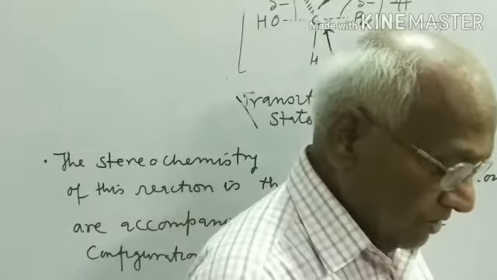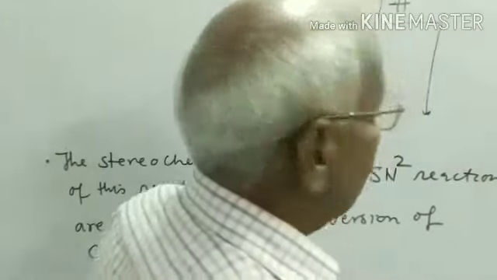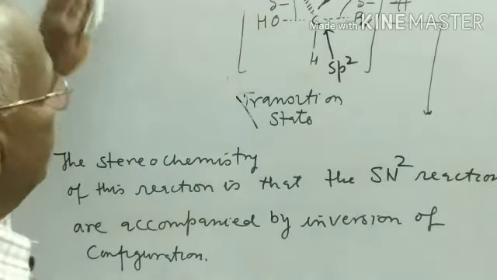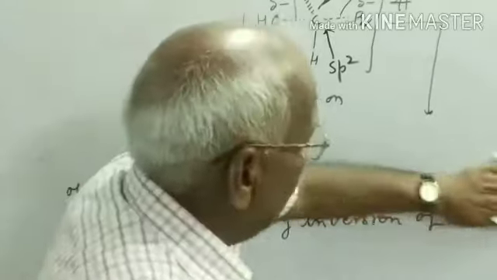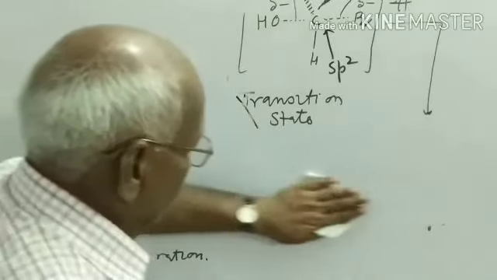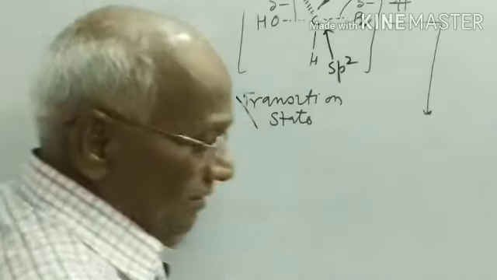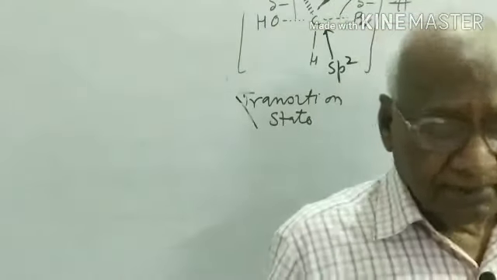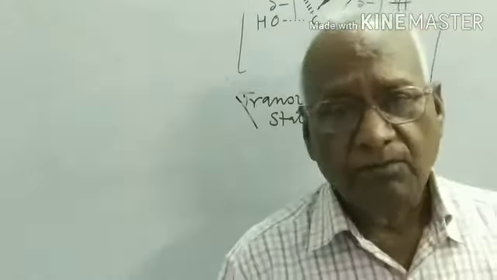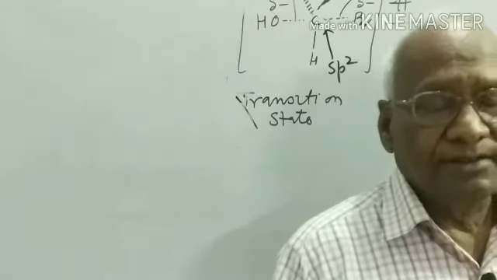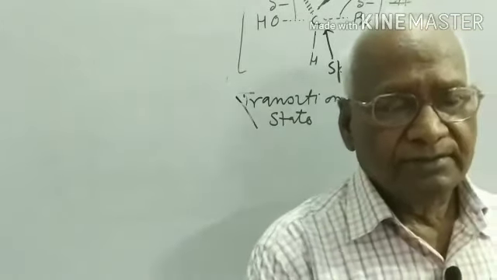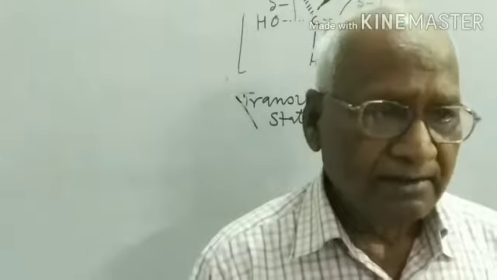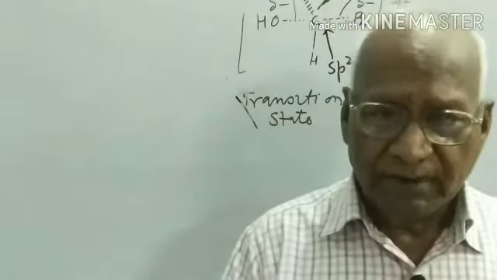Now, see the rate of reaction. How do you decide the rate of the reaction? You already know that when the mechanism of a reaction consists of more than one step, there is a choice of which one will be the rate determining step, and for that you choose the slowest step.